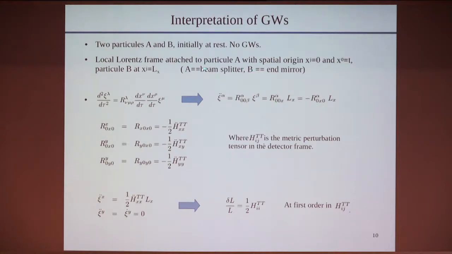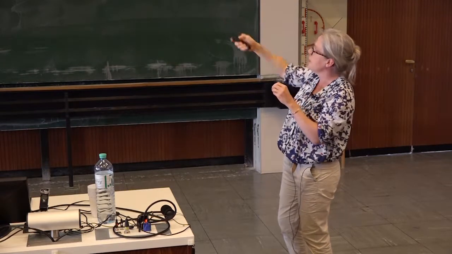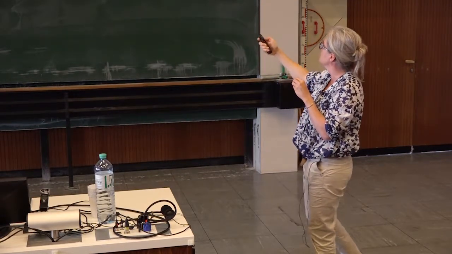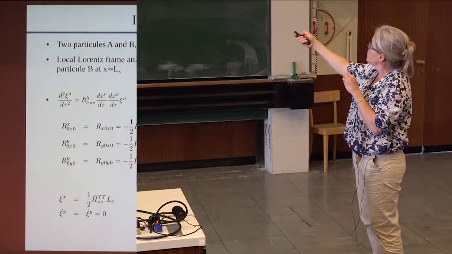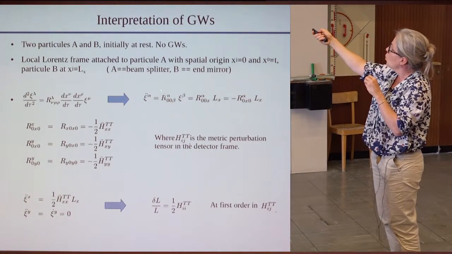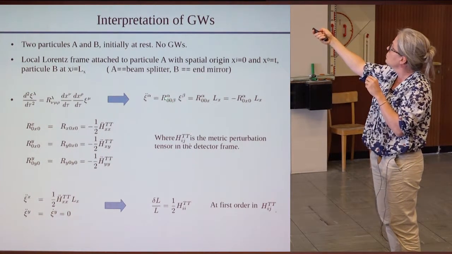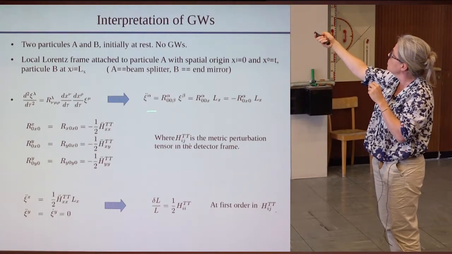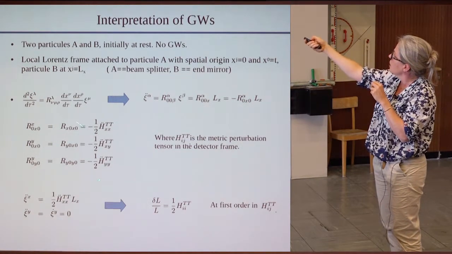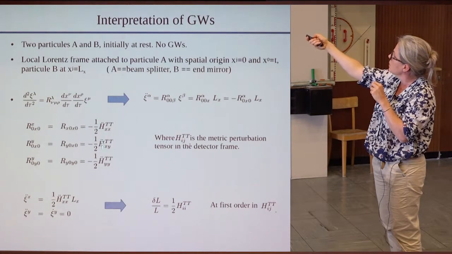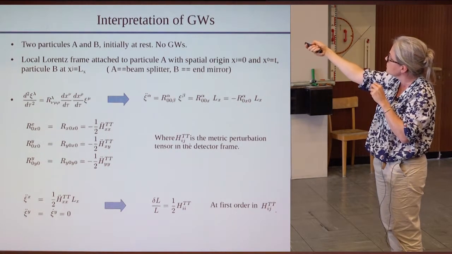If you simplify the problem, taking the two particles, one at the origin of a local Lorentz frame and one at a distance L, and you look at which are the non-zero Riemann components, there are a few, which are related to the metric perturbation h.